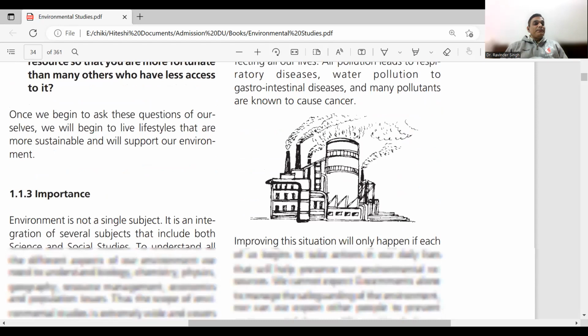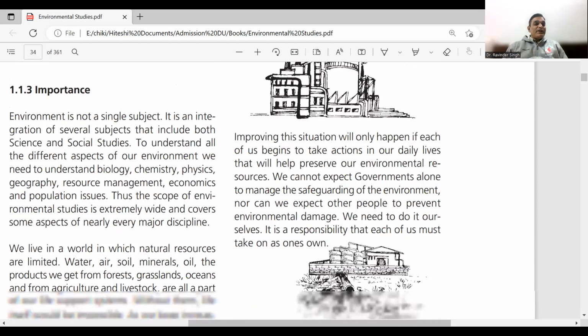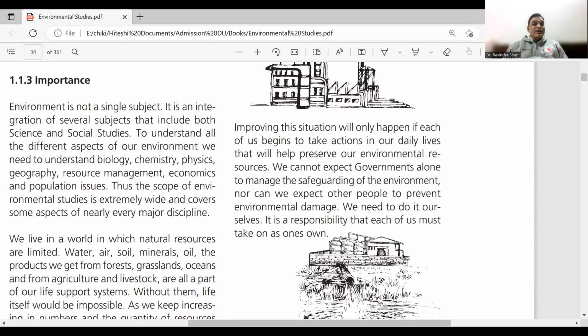Next topic is importance. Environment is not a single subject. It is an integration of several subjects that include both science and the social studies. To understand all the different aspects of our environment, we need to understand biology, chemistry, physics, geography, resource management, economics, and population issues.